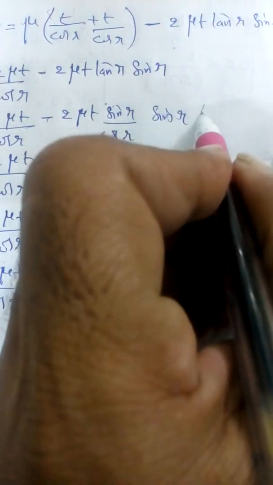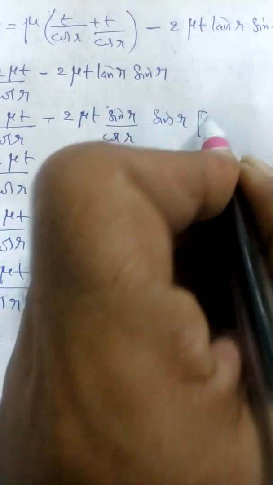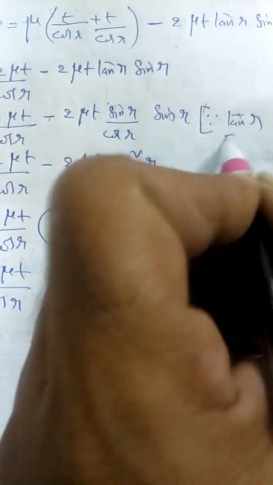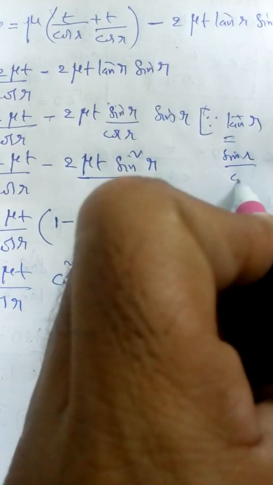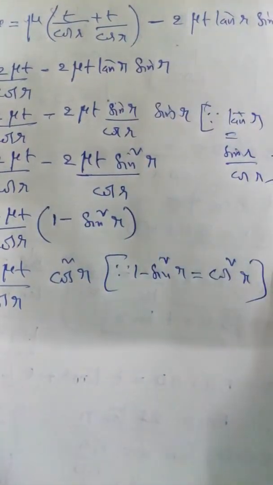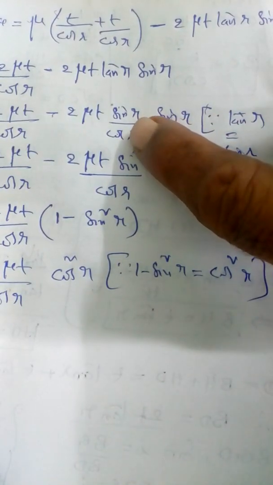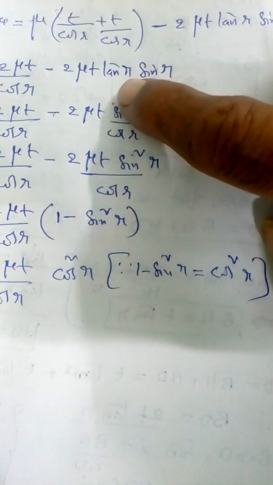Similarly here, why we have written this? You can put it in brackets if you want. Since tan r is equal to sin r by cos r, we have substituted sin r by cos r for tan r here.